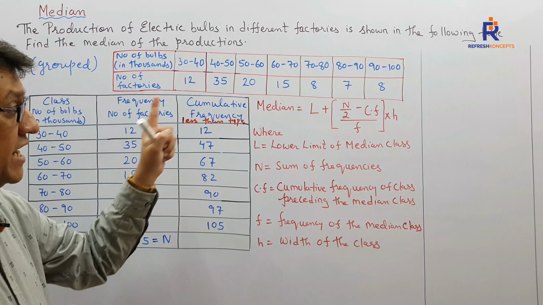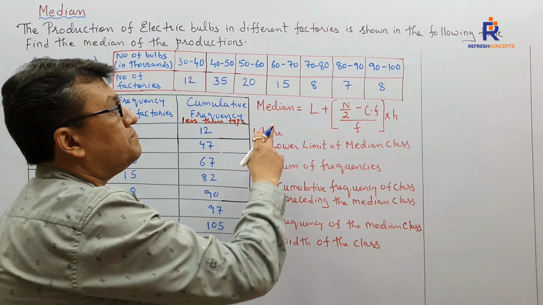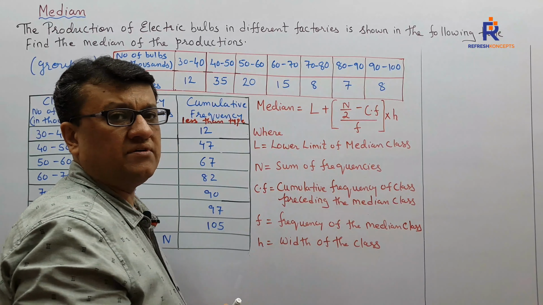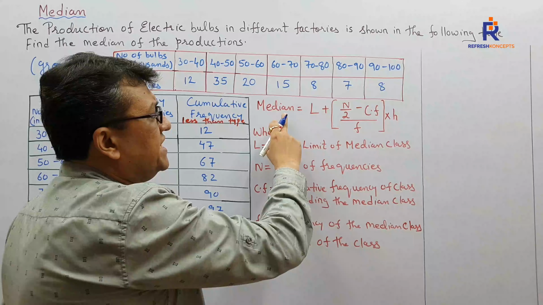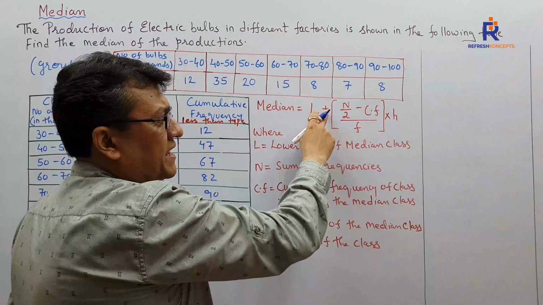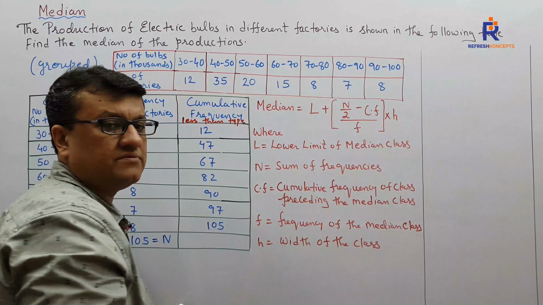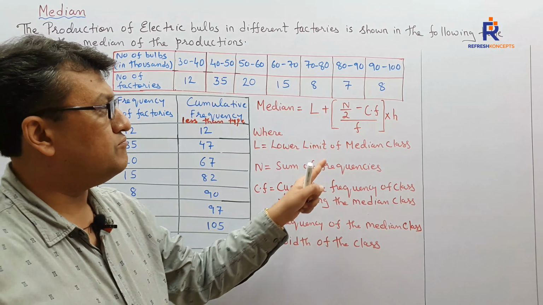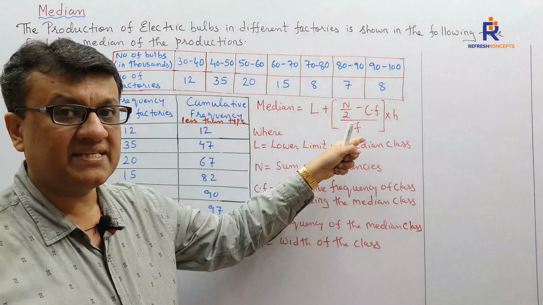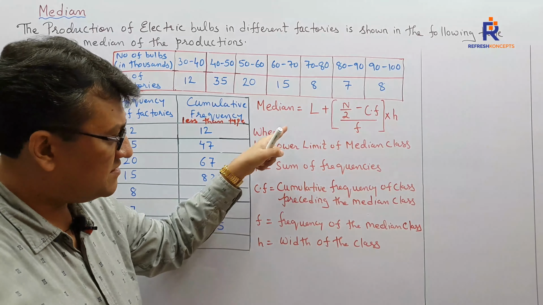Right, children? Now, what is the formula for median? I've written down everything for you. Median, the formula is L plus (n by 2 minus Cf) by F into H. Now, you must be wondering, there are more than a couple of terms over here. So what exactly do those terms mean?